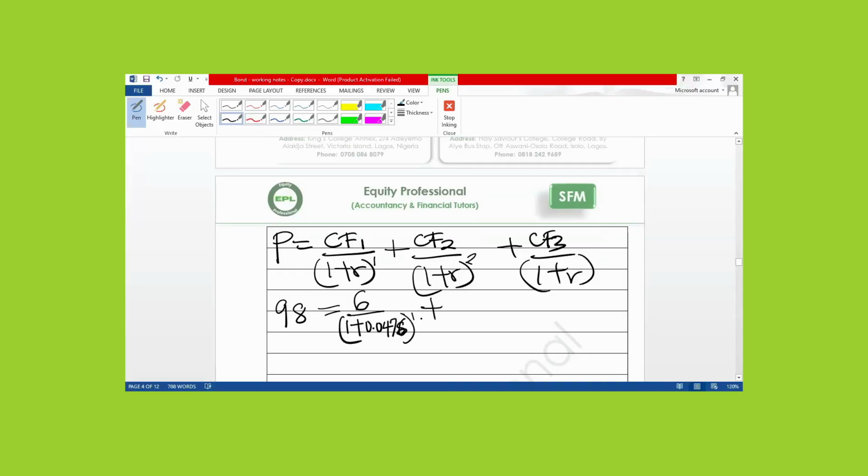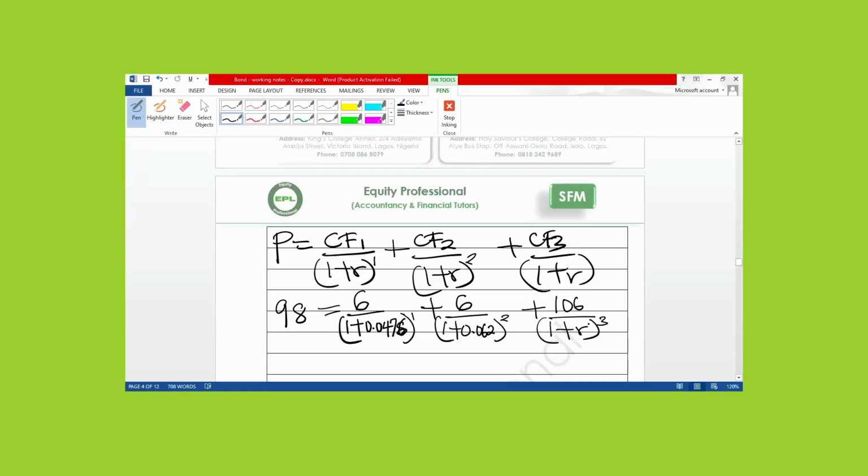Cash flow in year 2, 6 naira, plus the spot rate for year 2, whether bond A, B, or C, is 0.062 raised to power 2. For bond C, cash flow in year 3 is 106 over 1 plus R in year 3.